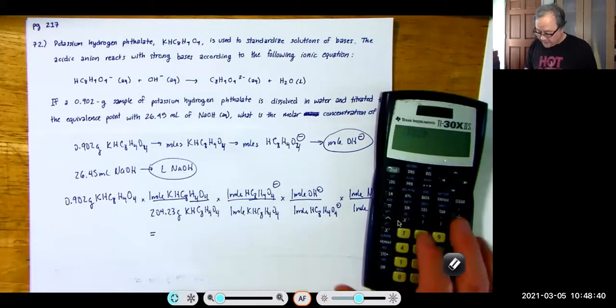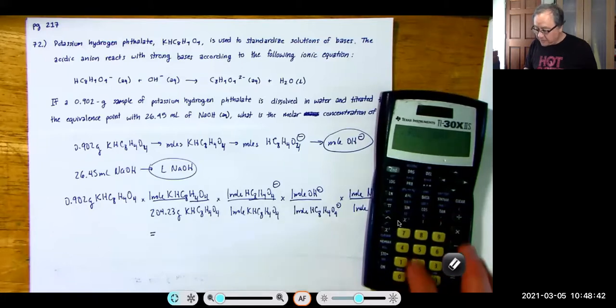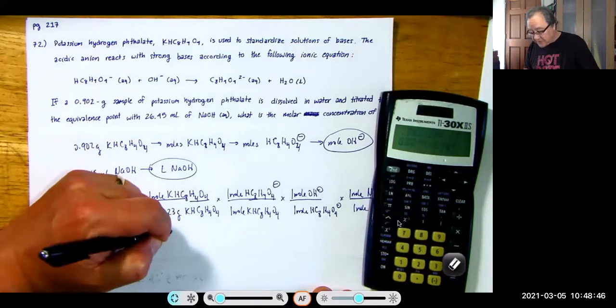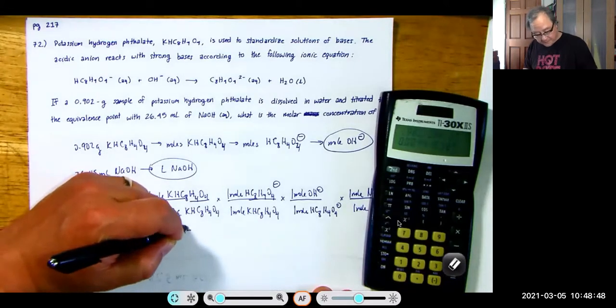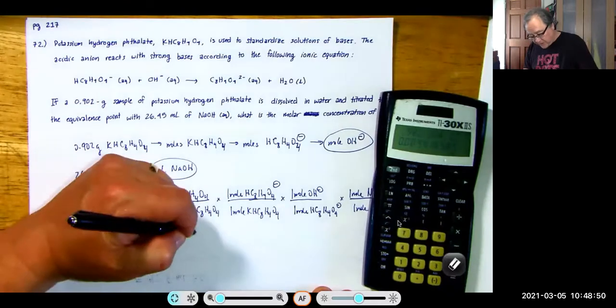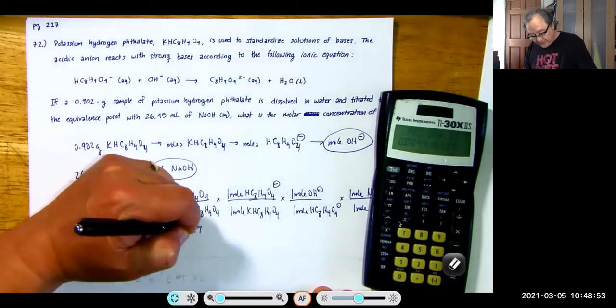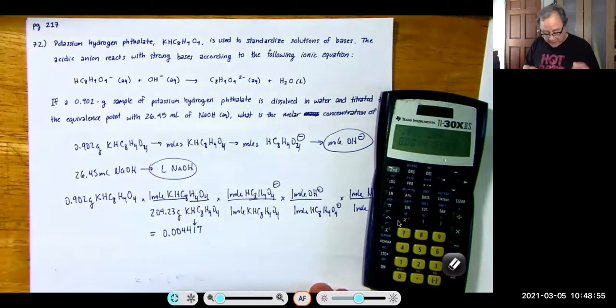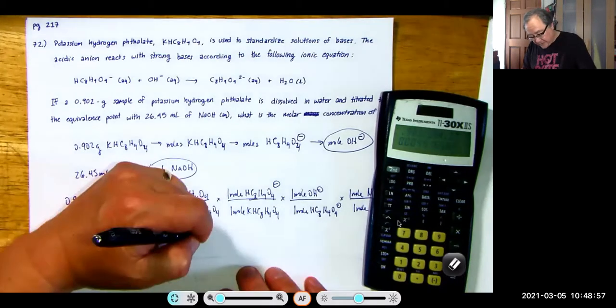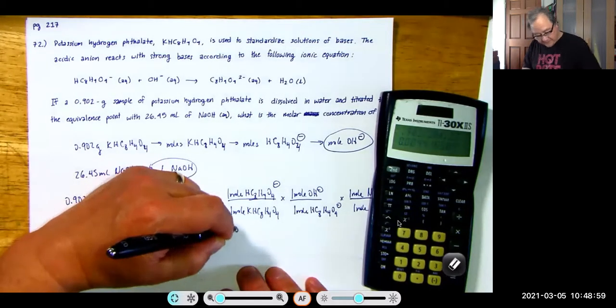0.902 divided by 204.23. And indeed, it is a really small number, 0.004417. And really, I should be rounding to the 1, but I'm not going to right now. And that's moles of sodium hydroxide.